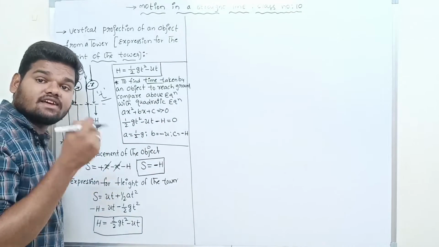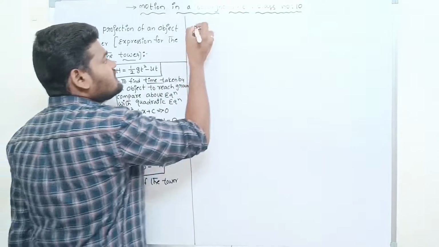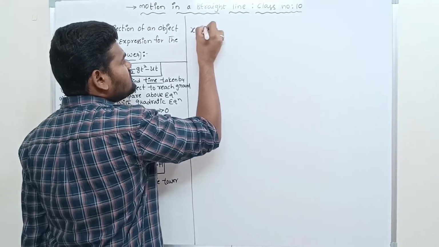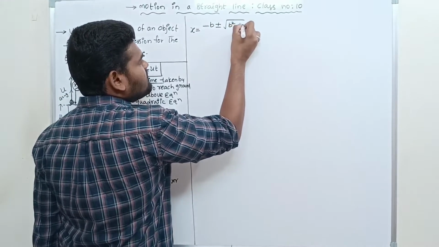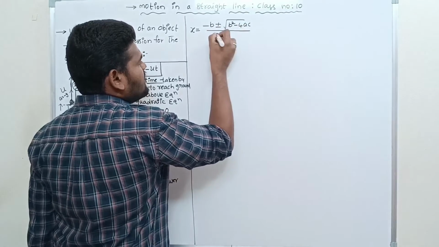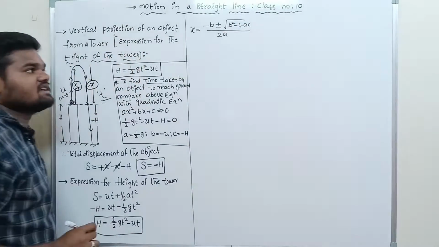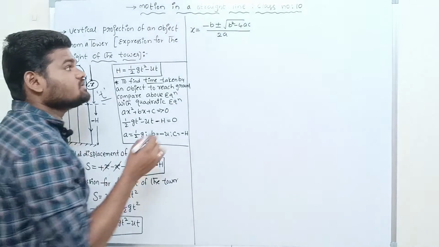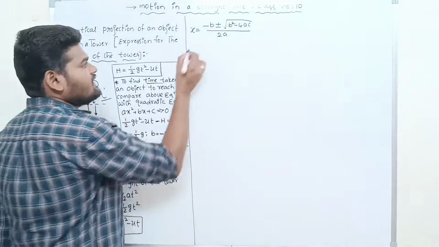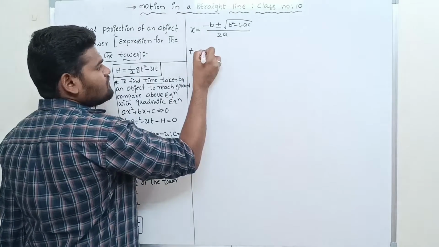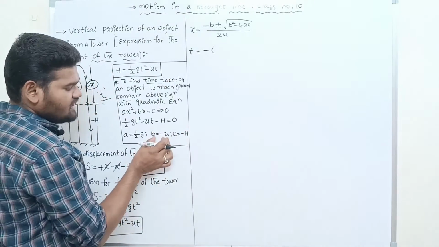As we know, to find the roots in case of a quadratic equation, what is that equation? X is equals to minus b plus or minus under root of b square minus 4ac divided by 2a. Okay, right. So at the place of x, we have t. So t is equals to minus of, what is the value of b?